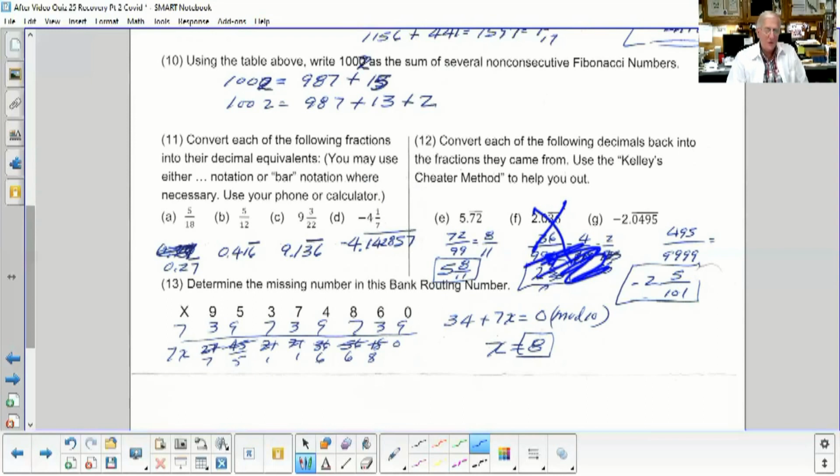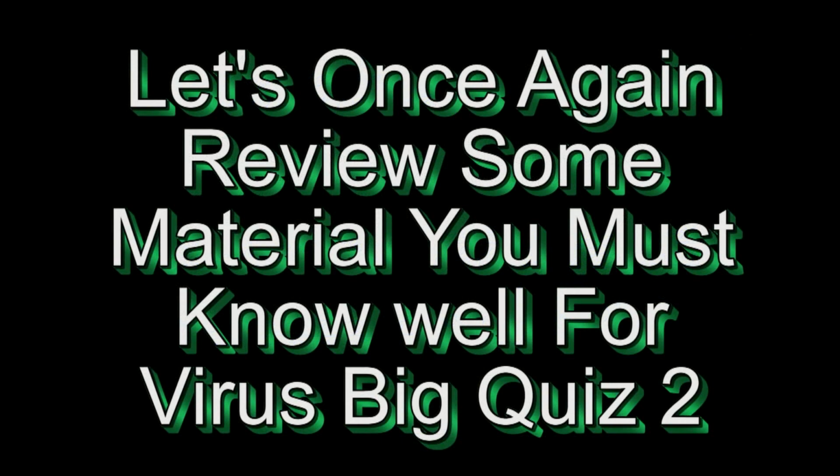It added to 34 gives us the answer 8. We have very quickly and hopefully to your satisfaction reviewed both sheets that I assigned, which were group work 13 and parts of group work 16.